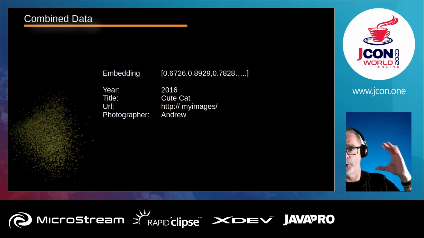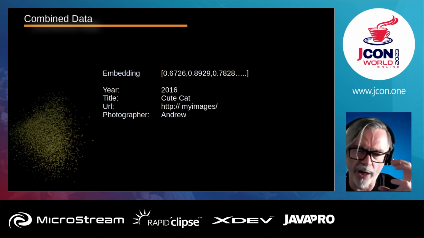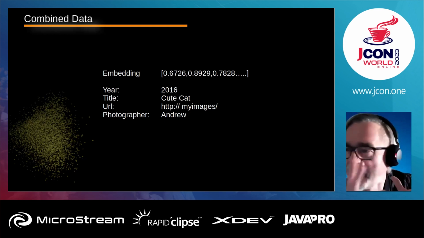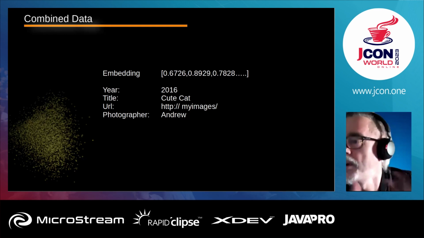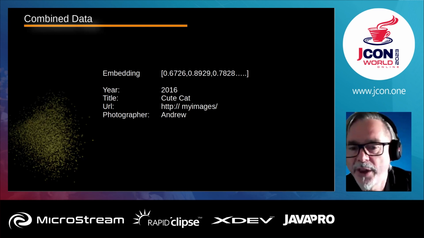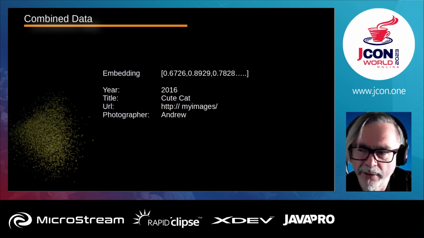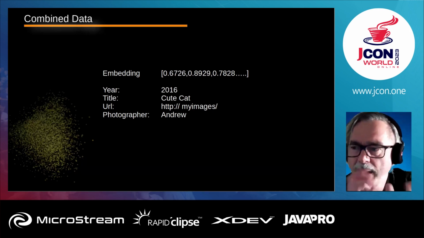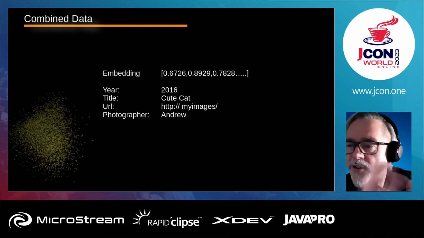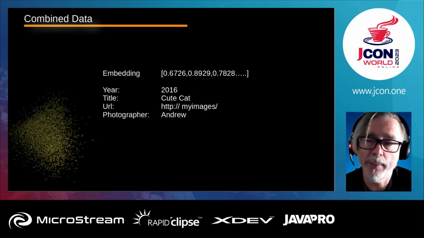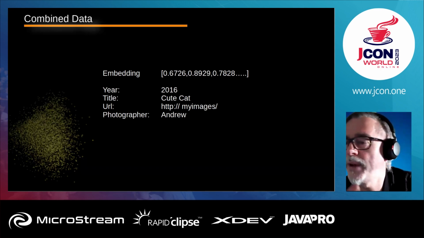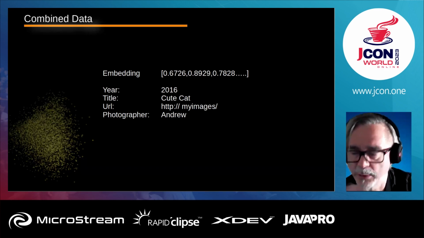Usually if I have a photograph, I know there's a title, like Weaviate cat, I know I took this photograph in the year 2016, and the photographer, or I'm in Antwerp, but as it is Antwerp, that did these things. So we usually want to store some information alongside this embedding. So we usually have some kind of combined data that says we have an embedding which represents our object, and we can have some structured data as well.